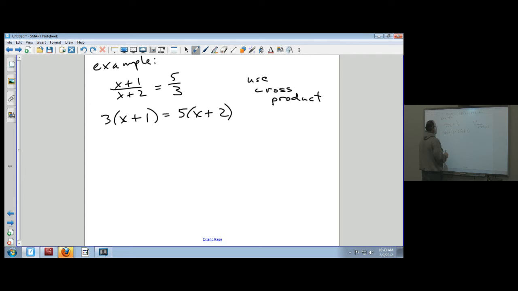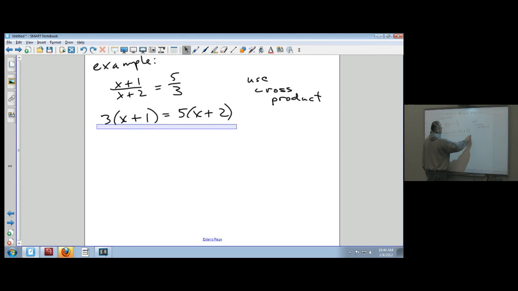Now, after we've done that, let's take a look at what we have here. What we have here is an equation that doesn't have any fractions in it. Sounds kind of like that first step when we talked about solving rational equations and then solving rational equations for designated variables. That the first step we always do is clear fractions.